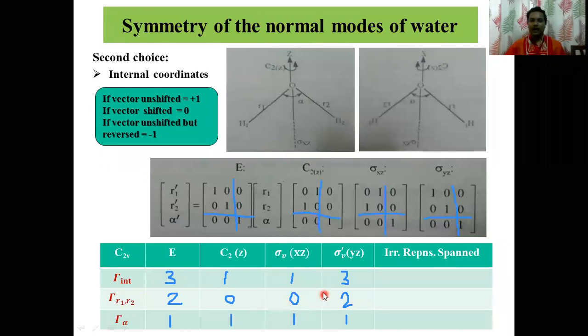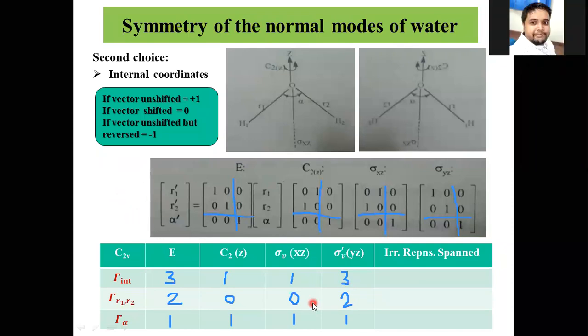Now how are they going to be reduced in terms of the irreducible representations? How many irreducible representations are going to come here? To do that, in practice, you should be able to use the reduction formula that we did, which gives the number of irreducible representations coming under this.